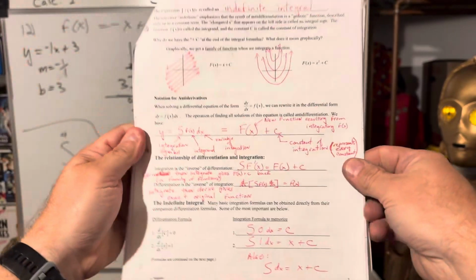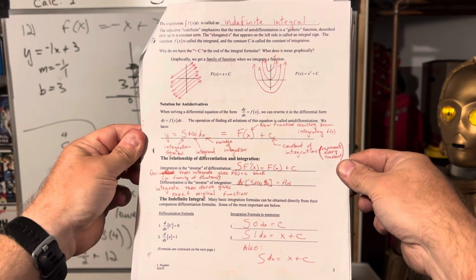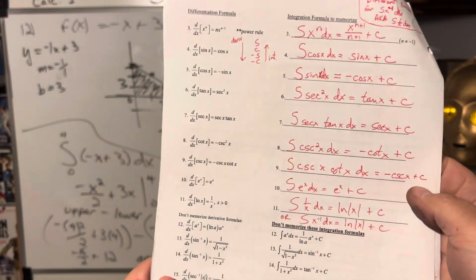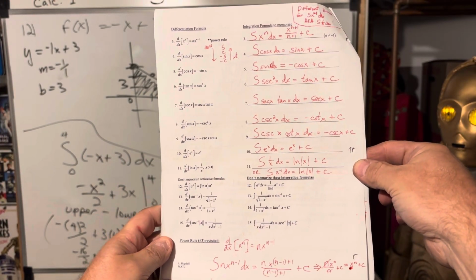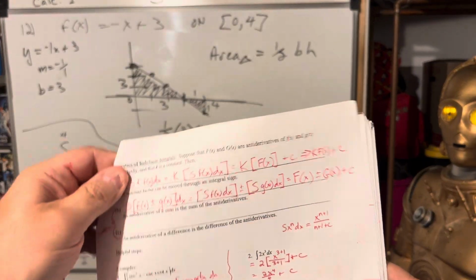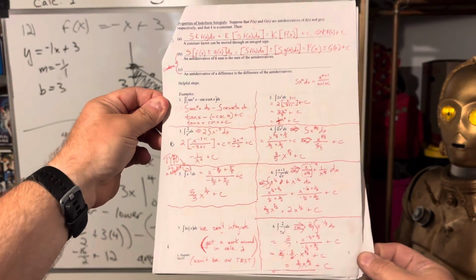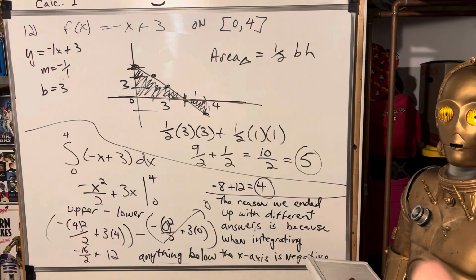Page 3. Page 4. That's a lot of stuff. Page 5. Page 6.